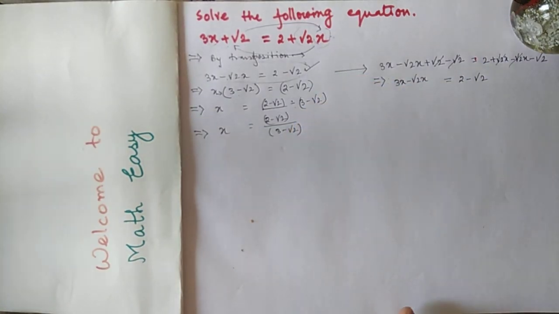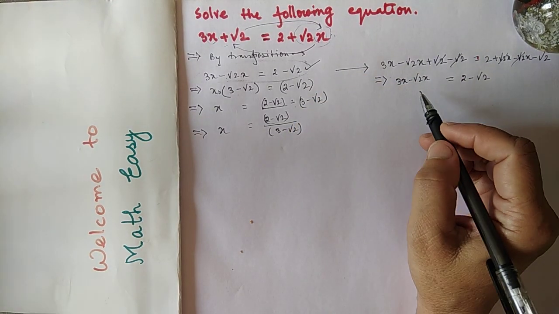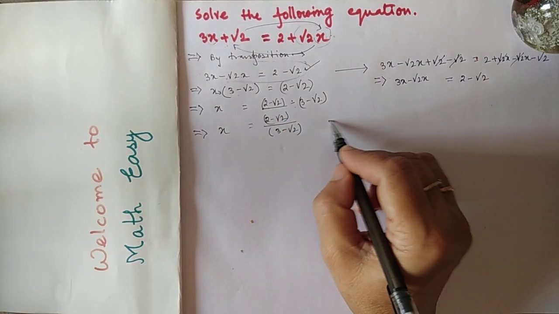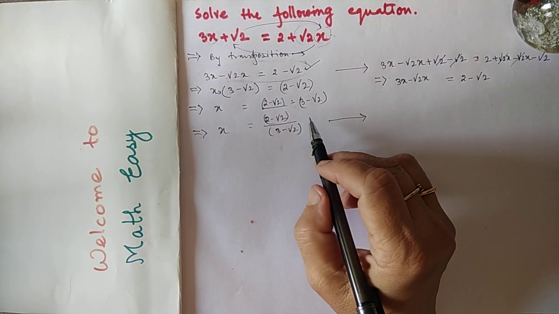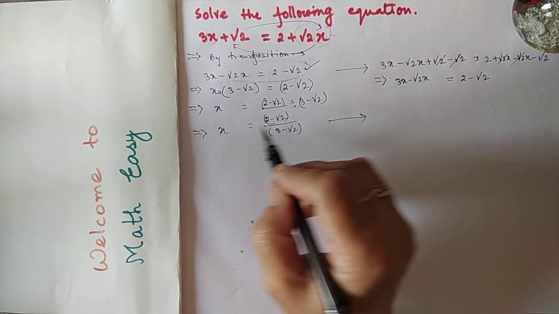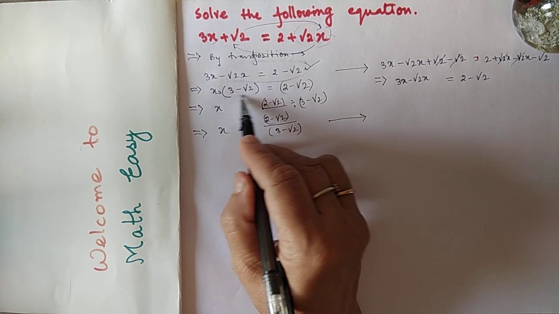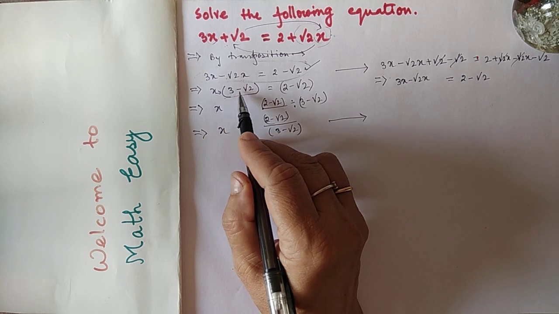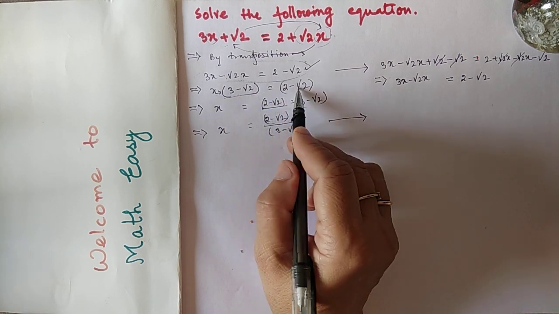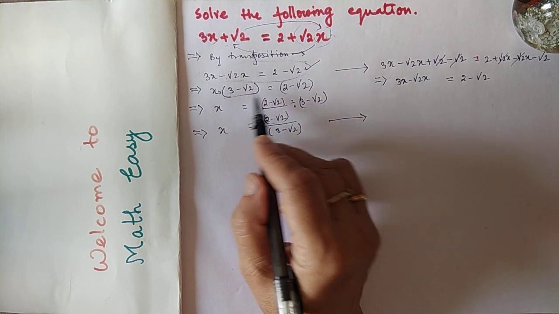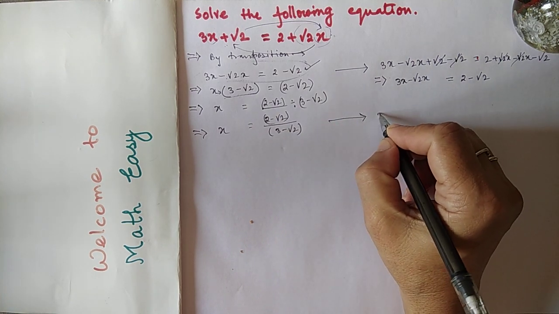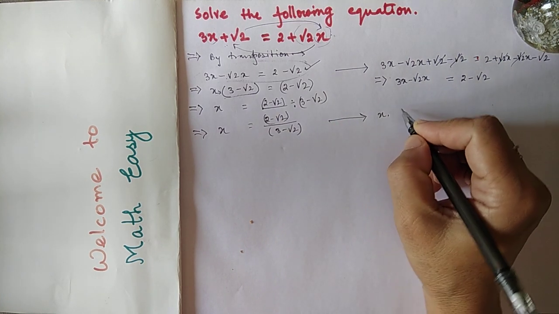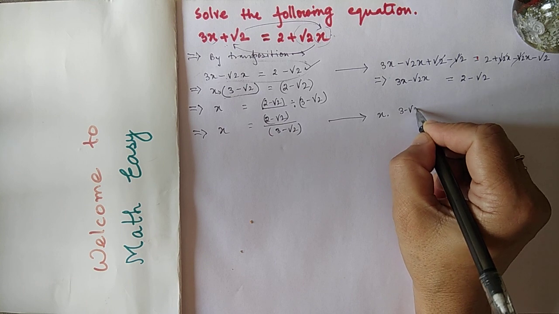See, here the same. So this way also we can do, and here also we can think another way, that is x into 3 minus root 2. So we will divide 3 minus root 2 on both sides. We have to do it on both sides, friends, because we cannot change the value.